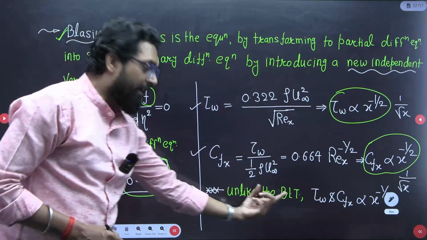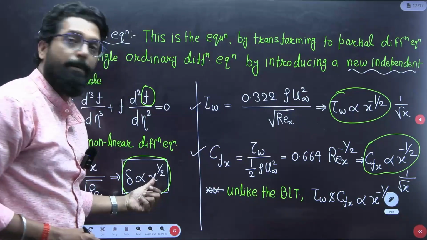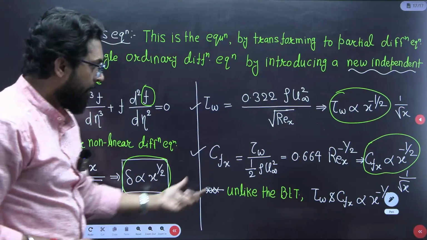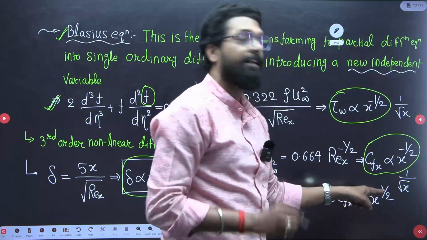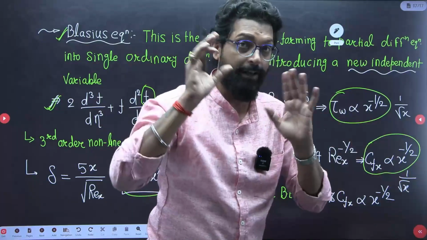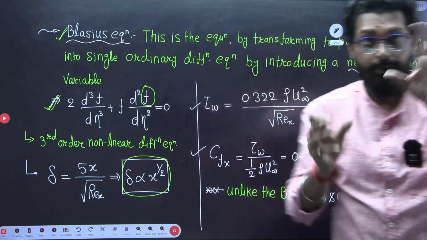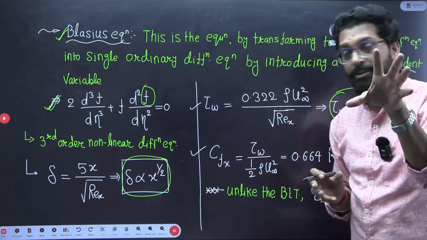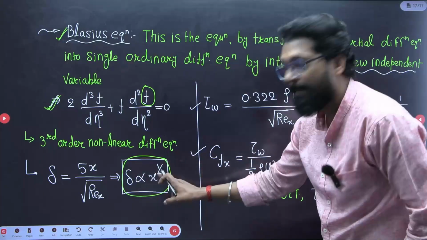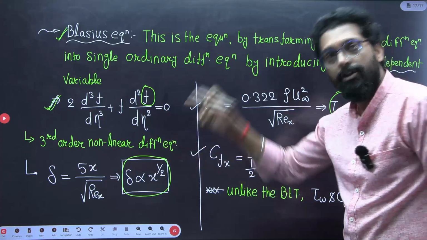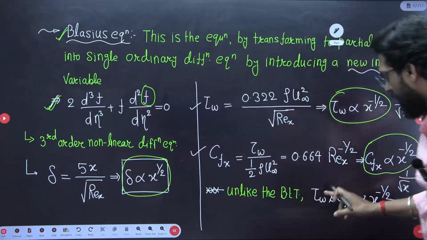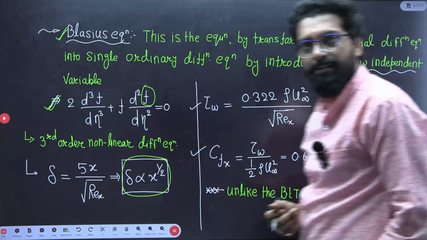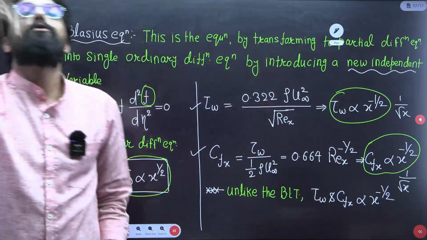So unlike boundary layer thickness, which is directly proportional to the square root of x, wall shear stress and local skin friction coefficient are proportional to x power minus 1 by 2. That is very memorable, you can always remember it like that. So delta is directly proportional to the square root of x, but wall shear stress and skin friction coefficient are inversely proportional to the square root of x.